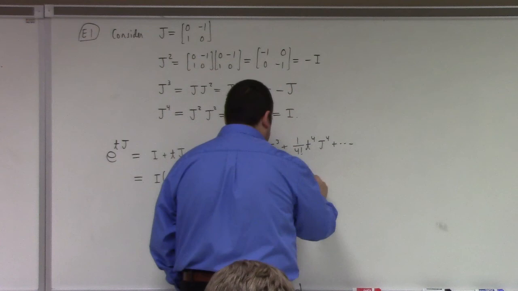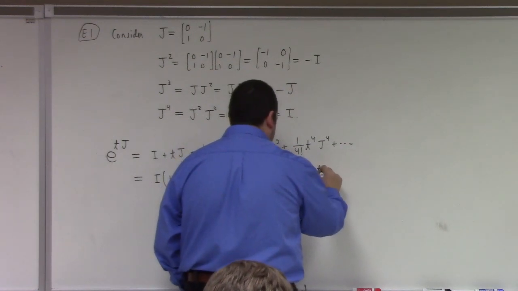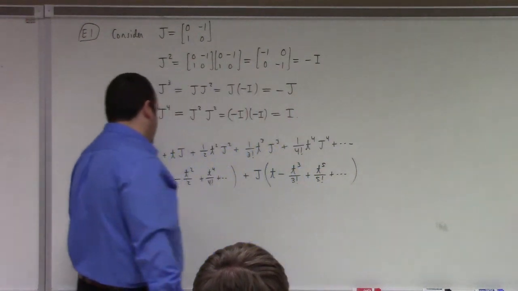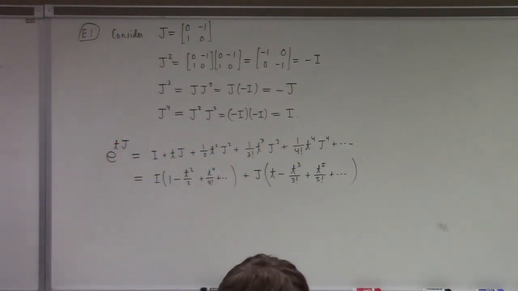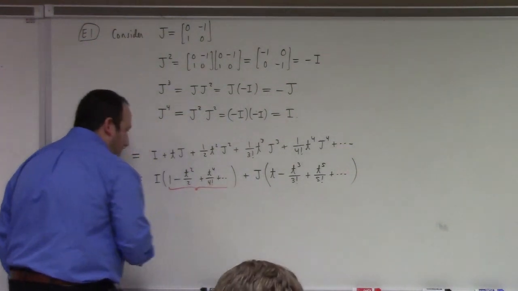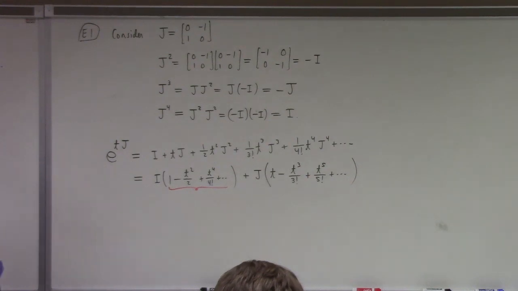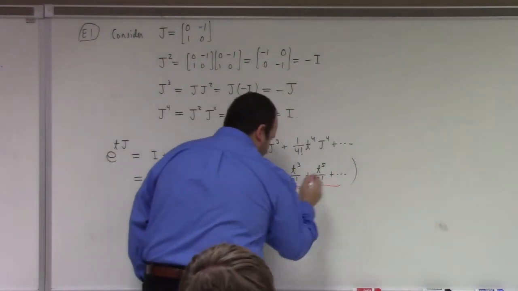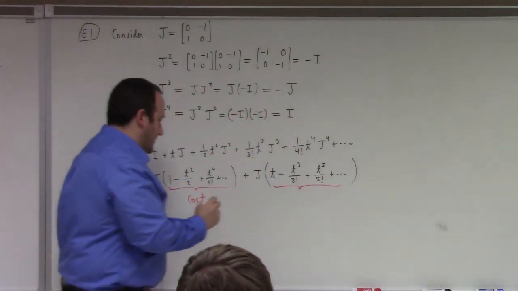And if I'd kept the next term, we'd have got a plus t to the 5th over 5 factorial, and so forth. Can you guys tell me what those things we just calculated are? This is the power series expansion of what? Cosine t, very good. And this is the power series expansion of sine t.